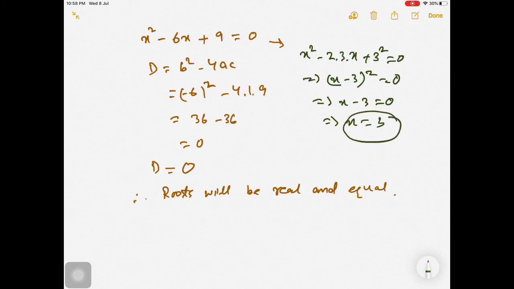So you are getting x equal to 3. That means only one root. Instead of telling it only one root, we say it has two equal roots, because we know in a quadratic equation we have two roots.